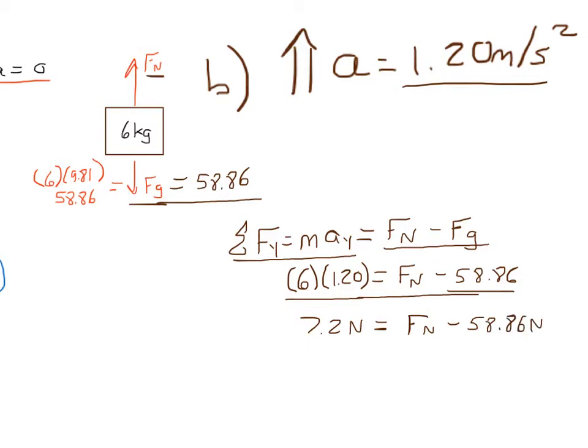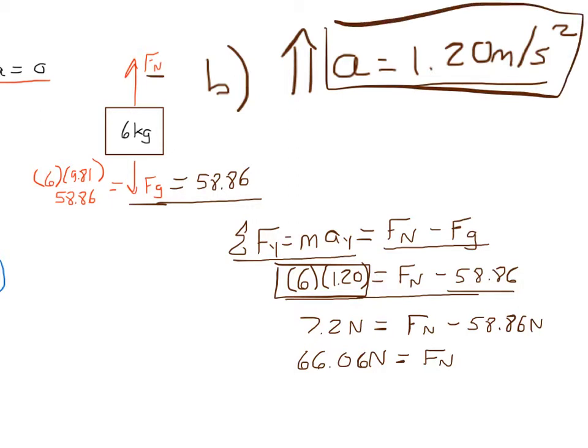We add 58.86 to both sides and we get 66.06 newtons is equal to the normal force. Now keep in mind that this stayed positive simply because this is pointing up. If it had been pointing down, we would have had to change our net force to a negative number.